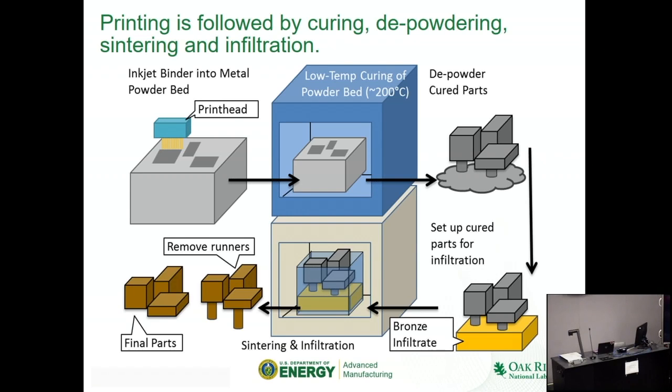Then the part comes out, as you can see a color change here, and we have to cut off these runners, which is what we use for the infiltration step, and then we have our final part. At this point, your part is about 99 to 100% dense. But it doesn't have the full mechanical properties of, let's say, stainless steel, because now it's stainless steel infiltrated with bronze.